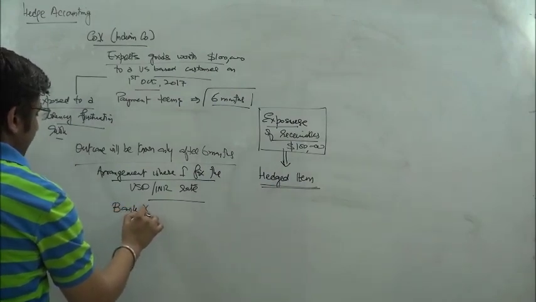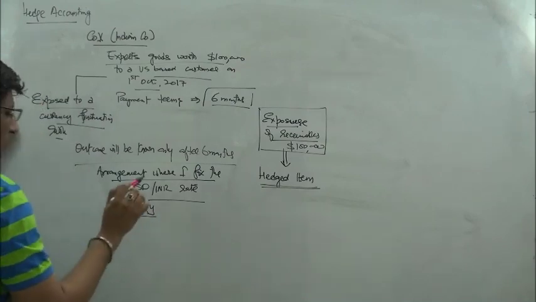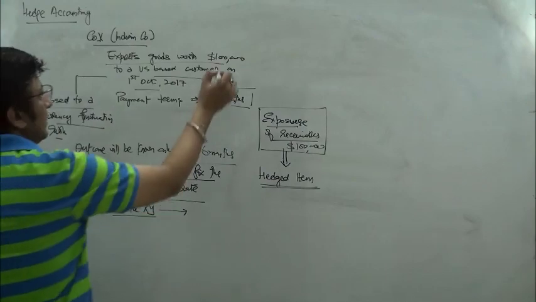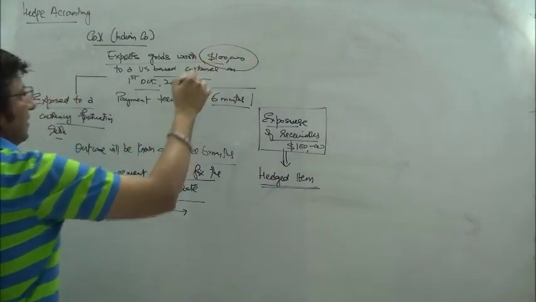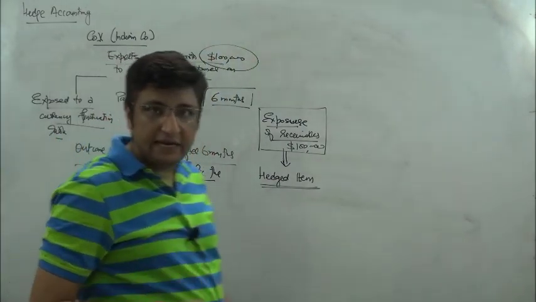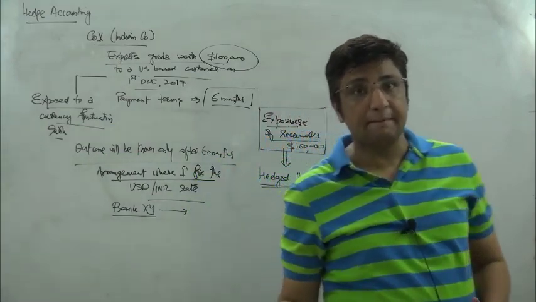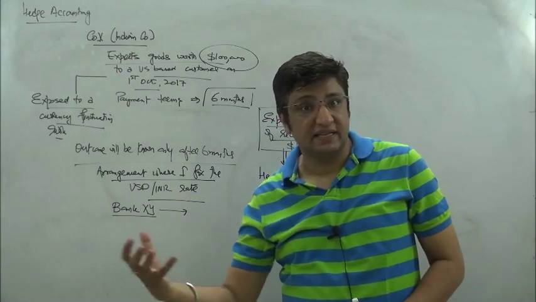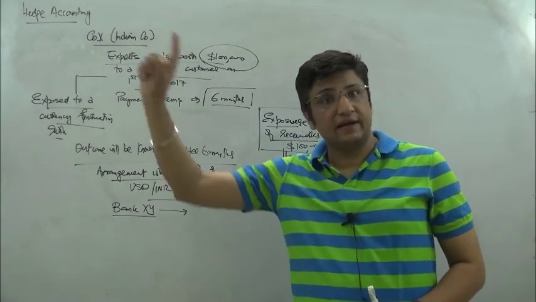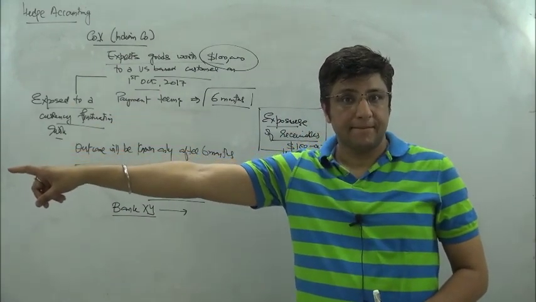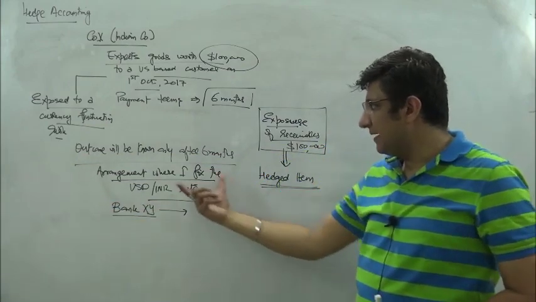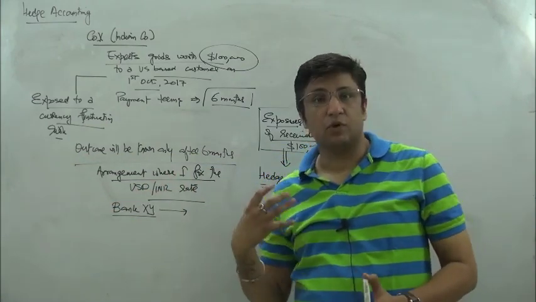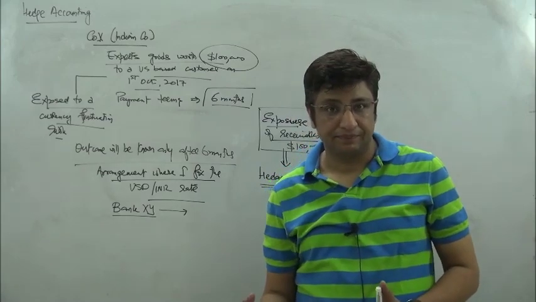Let's say there's a bank XY to whom I approach, and I tell the bank, look, I will have $100,000 available to me in 6 months' time. At what rate will you buy these dollars from me at that point in time? So this arrangement I'm getting into with the bank is so that I'm protecting myself, right?